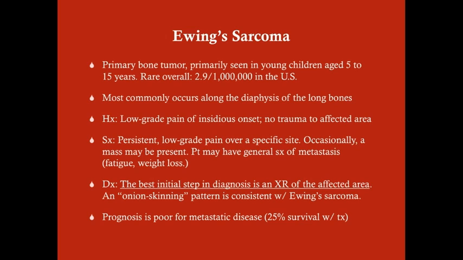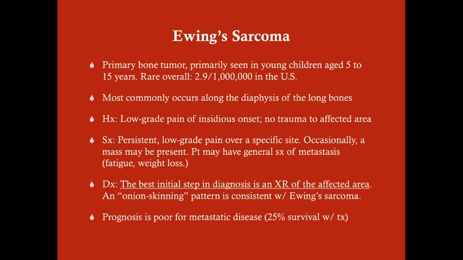The history in patients with Ewing sarcoma is going to be a low-grade bony pain of insidious onset, but that's really nonspecific. So this is somewhat difficult to diagnose if you're just going off of the history and symptoms alone.